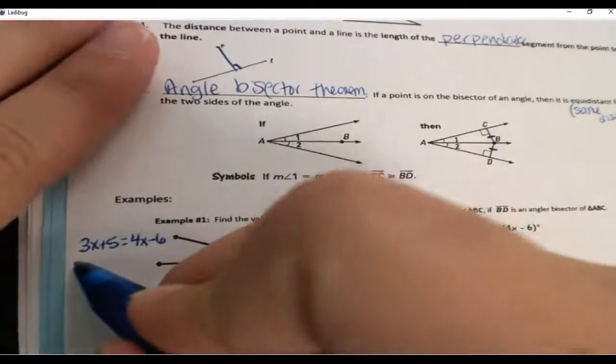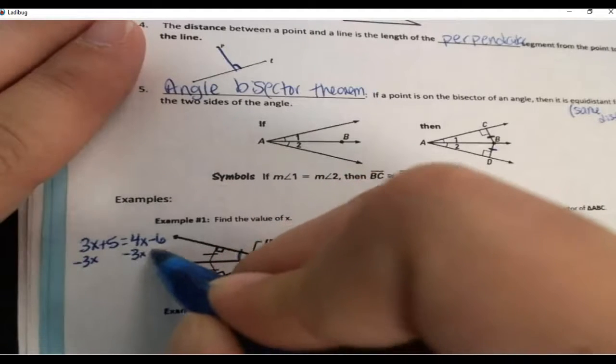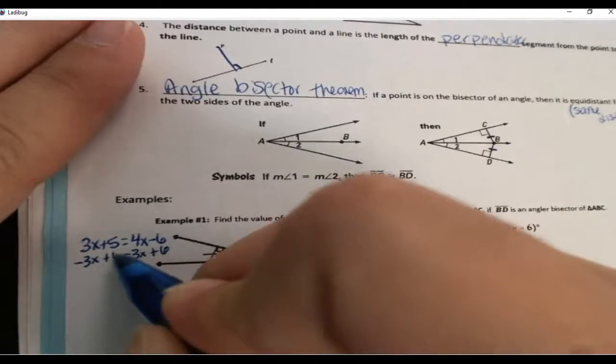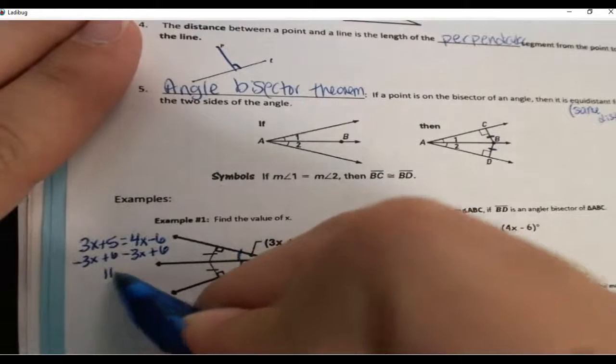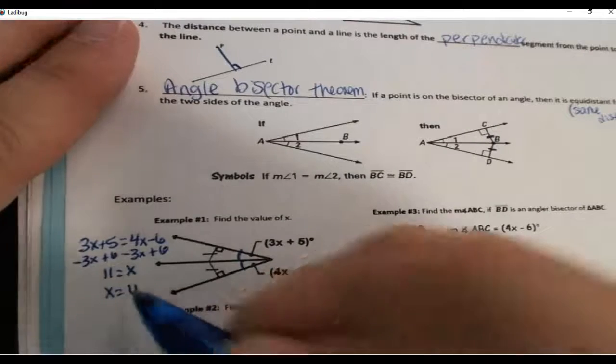So then to solve it, we could move the 3x or move the 4x, either one. Add the 6. So we would get 11 equals x. So x equals 11.